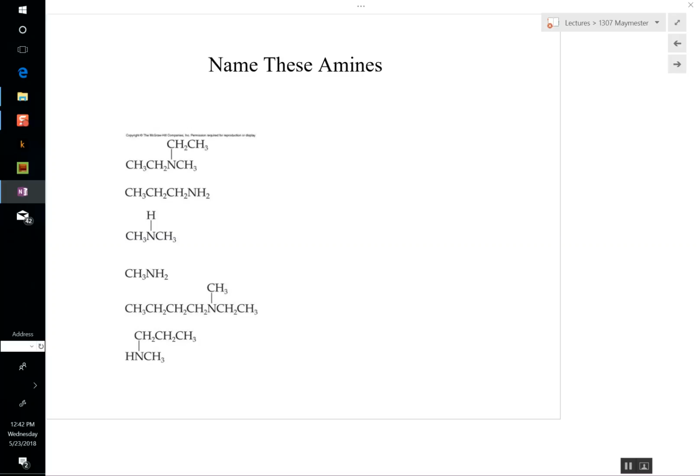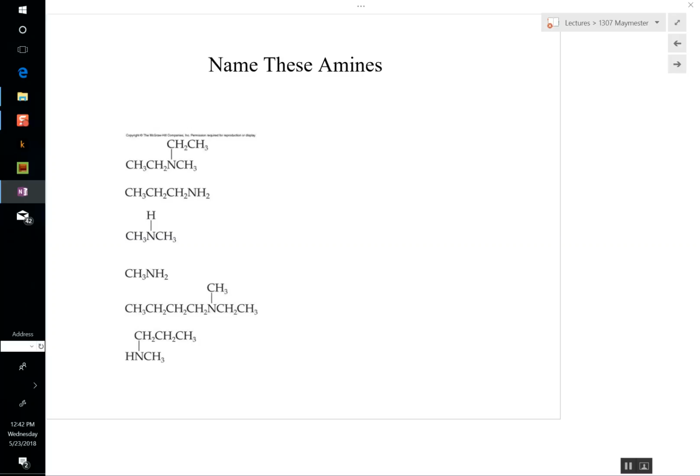Let me put another one up here after we get all these. So here's methylpropylamine. I was going to go into an IUPAC name here, but I like this better. It's simple. This is a common name. All we got on there is a methyl and a propyl. Just know to distinguish between a propyl and an isopropyl.